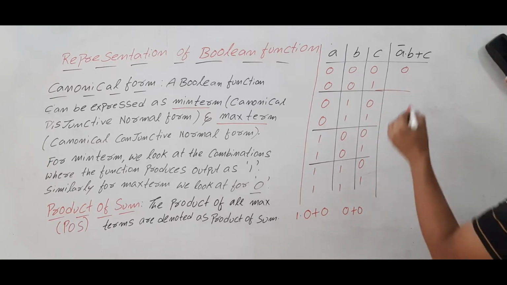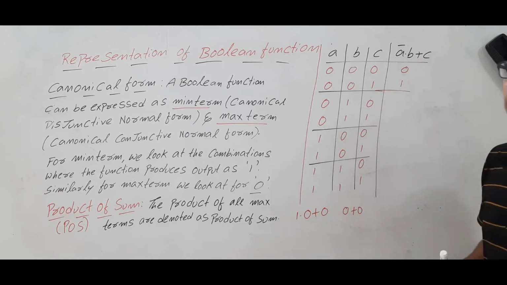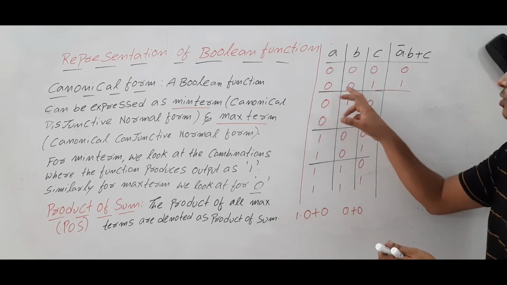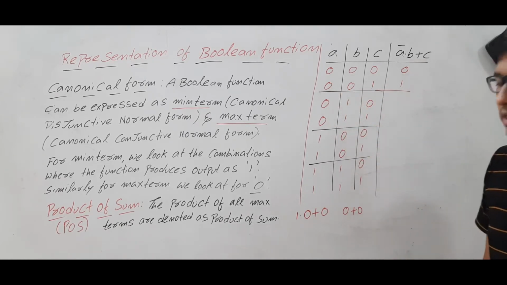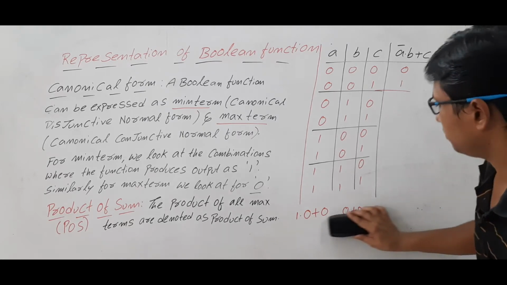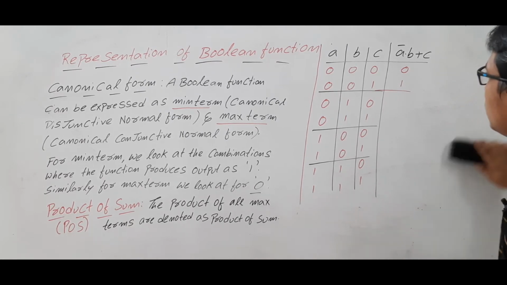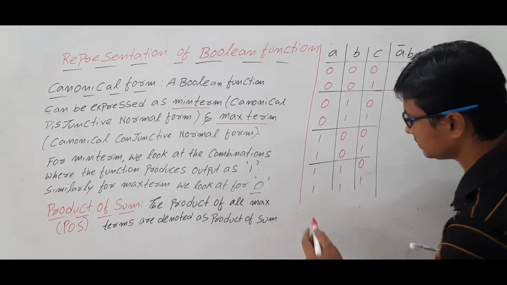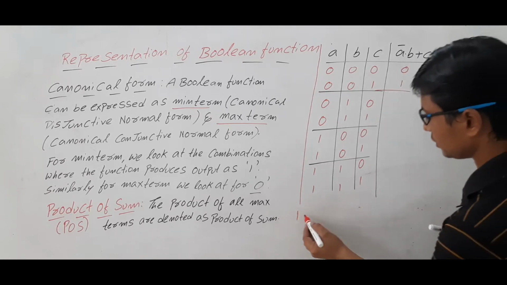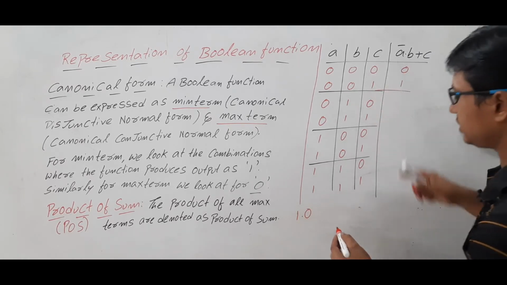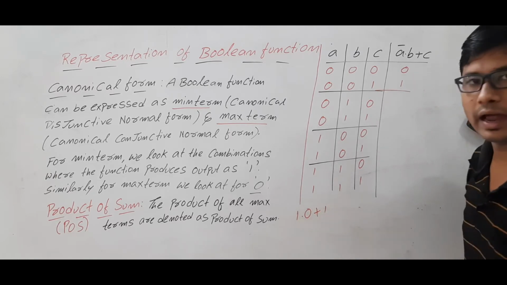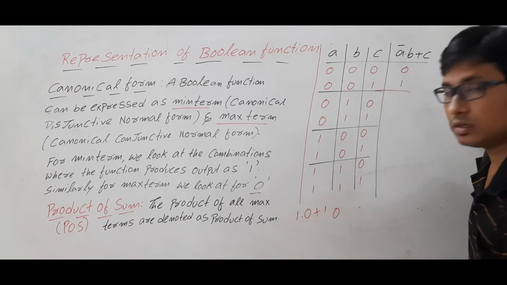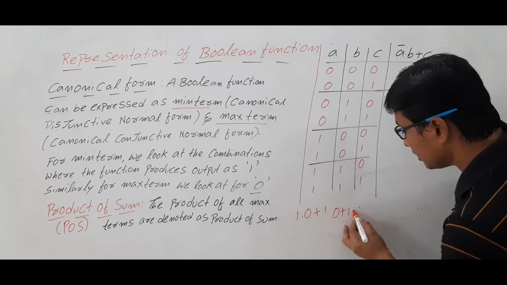Is it clear? And for the inputs 0, 0, 1, the function will produce the output as 1. How? Because A's complement is 1, B is 0 and C is 1. So 1 and 0 is equal to 0, and 0 or 1 is equal to 1.